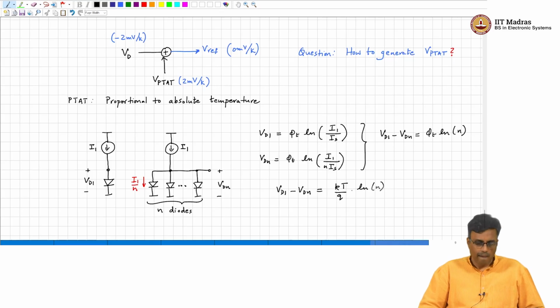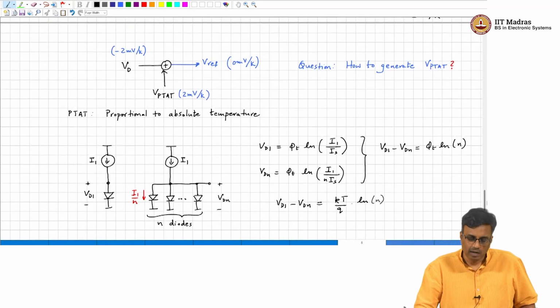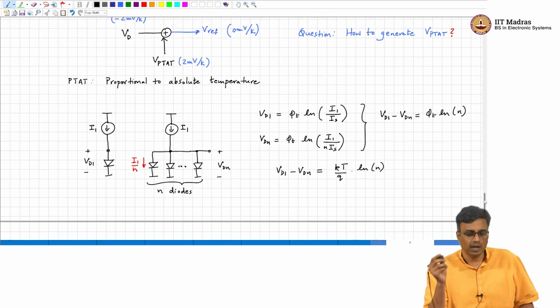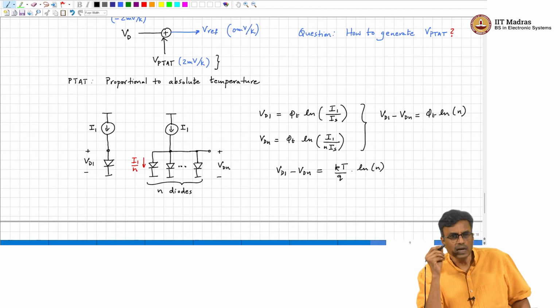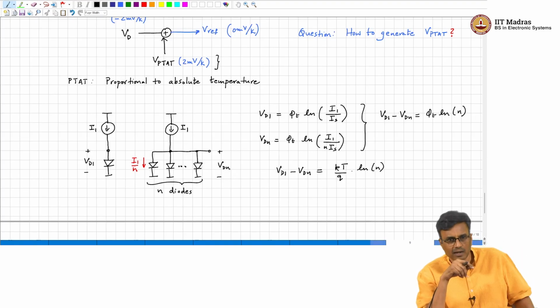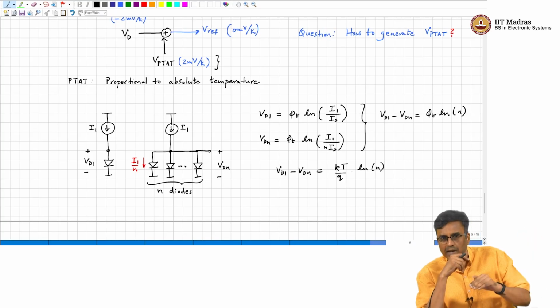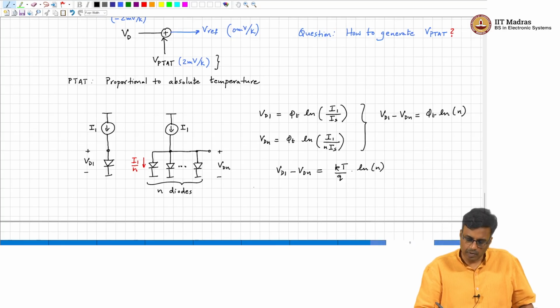Okay. So, we need something proportional to absolute temperature, but we also need its temperature coefficient to be plus 2 millivolts per Kelvin, because it needs to exactly compensate the negative 2 millivolts per Kelvin due to the diode. Okay. So, what is the temperature coefficient of this?